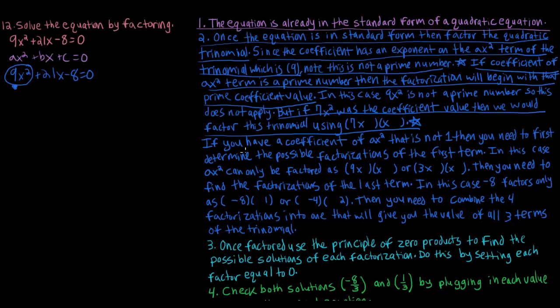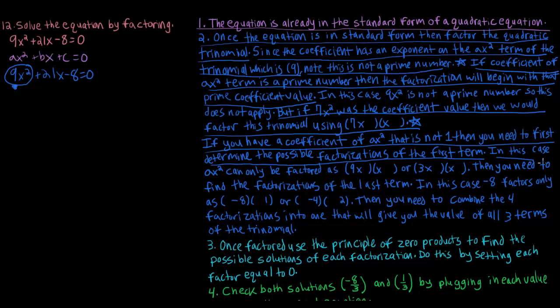If you have a coefficient value of ax squared that is not 1, which 9 isn't, you need to first determine the possible factorizations of the first term.